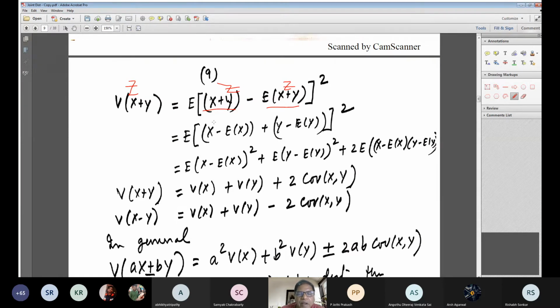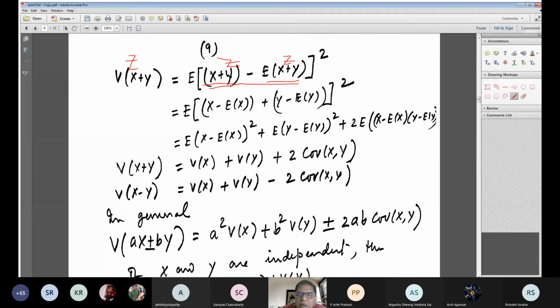If you rearrange the terms inside the bracket, we get x minus E of x, plus y minus E of y, and whole square. If I open this bracket, we get the expected value of x minus E of x whole square, the expected value of y minus E of y whole square, and the product term. This product term we have defined as covariance xy. The first is variance of x, and the second term is variance of y.